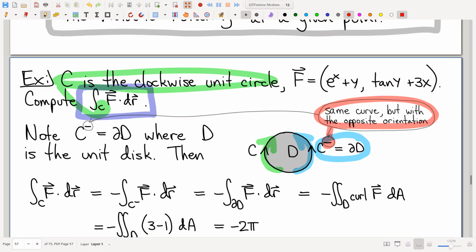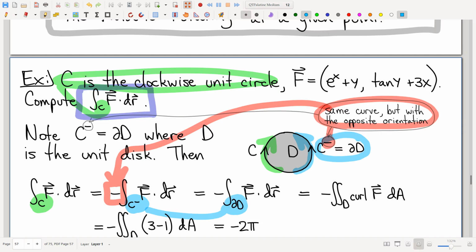Now, in order to do this, we do have to recognize that minus sign. So again, we start with an integral over the curve C. The very first thing we do is orient the other direction, which we fix with this minus sign. That's how opposite orientations work. And then I say, hey, that curve C minus is a boundary. Once you recognize that it's a boundary, then we can invoke Green's theorem.